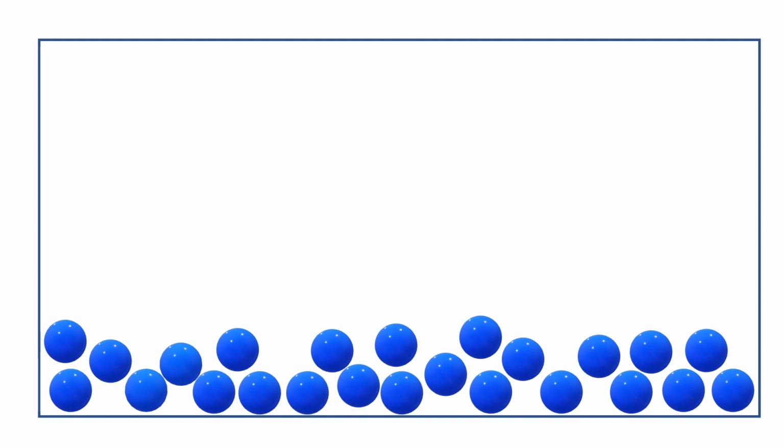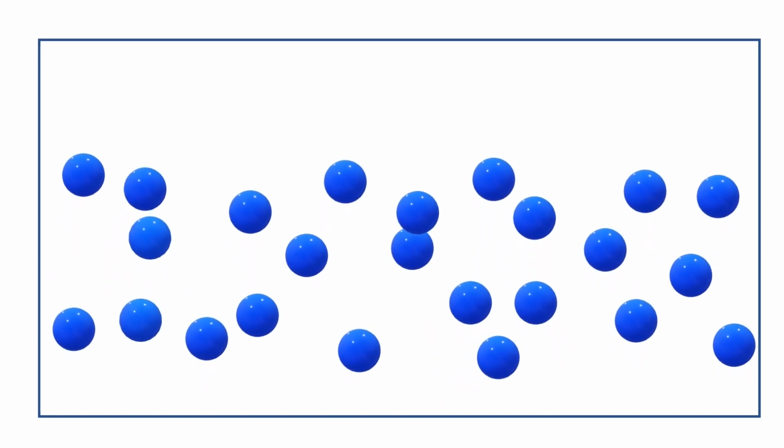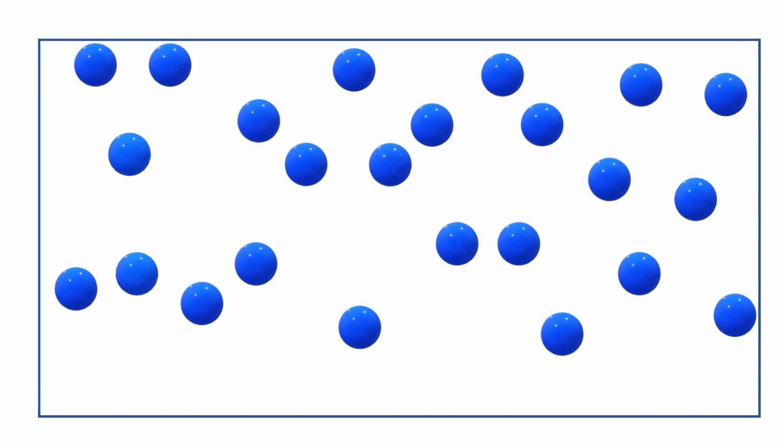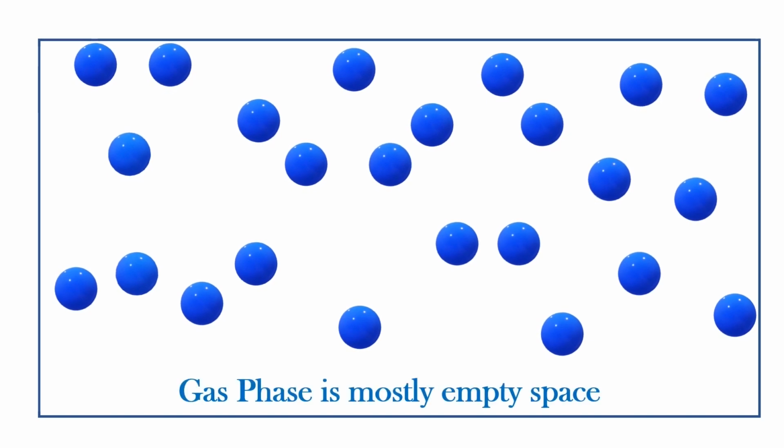But in the gas phase, these particles are allowed to occupy any position available, as per the rules of entropy or randomness. In fact, one can think of the gas phase as mostly empty space. Keep this in mind as we discuss kinetic molecular theory.